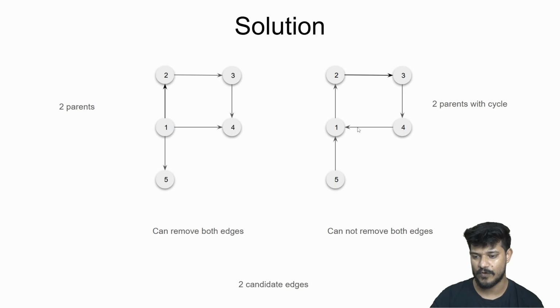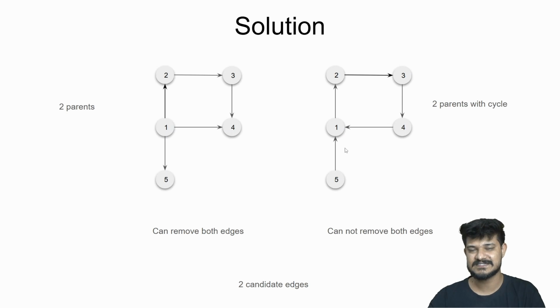So if you remove one of those edges, it would create an issue. For example, if you remove 5 1, now there is a cycle and you have disconnected a node. So in this case, you actually can't remove both of the edges, even though we have two edges as candidates, one of which we can't remove.